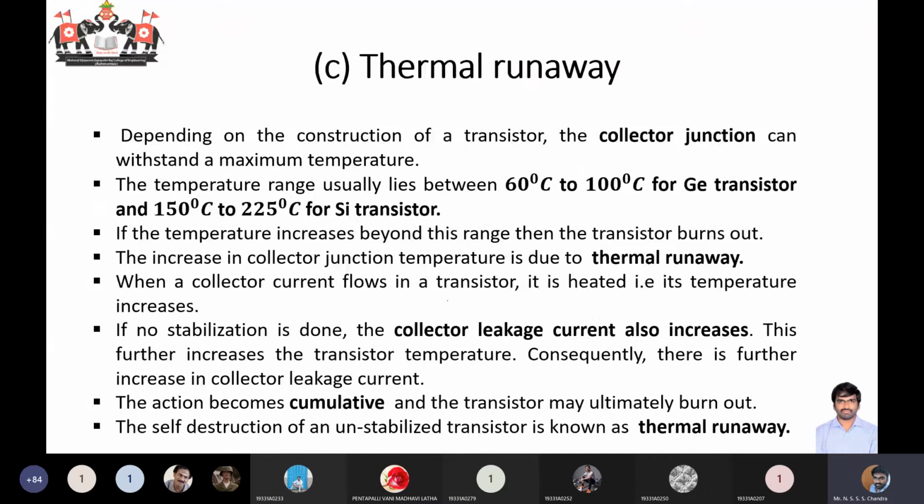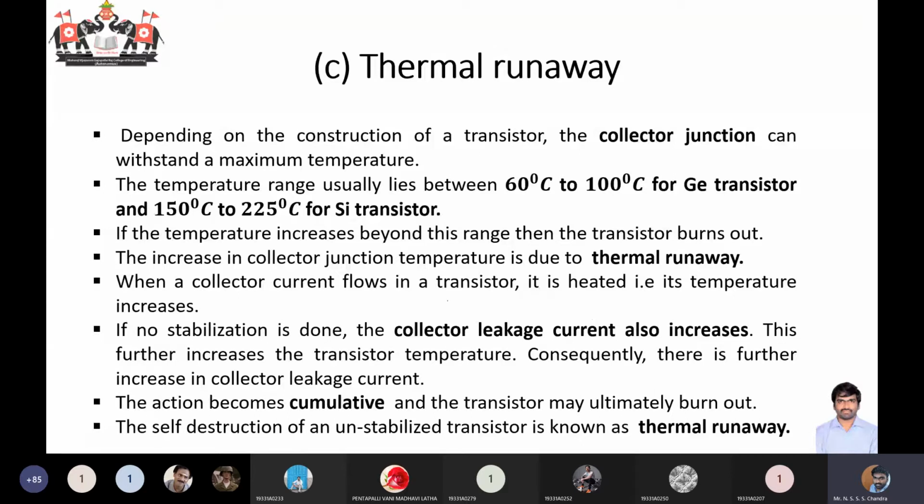And then finally we have the thermal runaway. Thermal runaway means an accumulation of heat because of which your transistor gets burnt. In simple sentences, heat will be accumulated, and because of the heat your transistor gets spoiled.